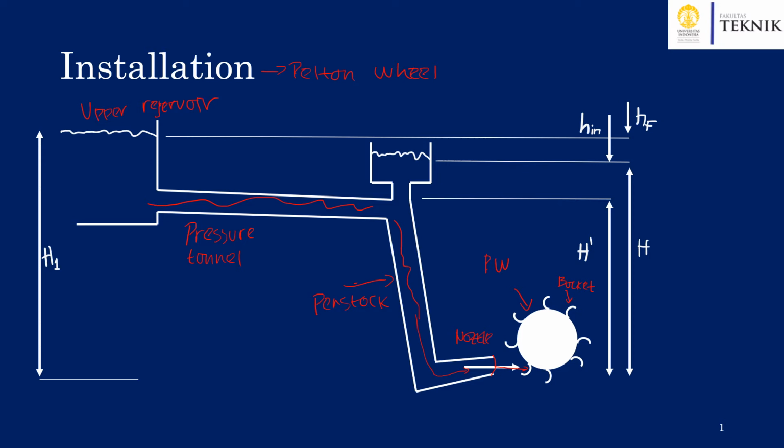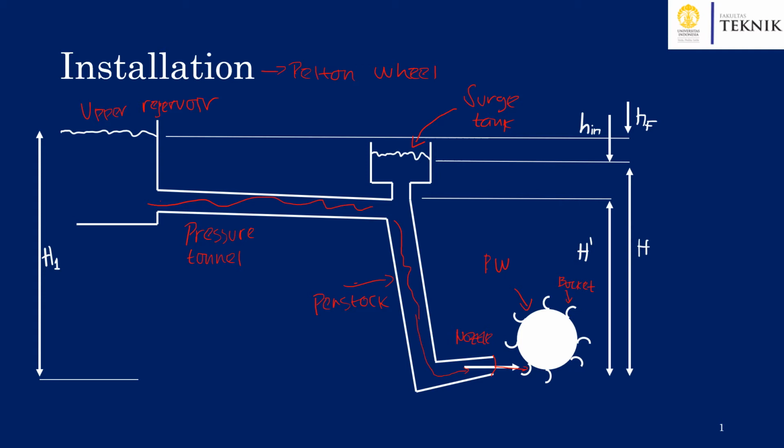And then one other thing that we need to know is this small reservoir called the surge tank. The surge tank is basically to maintain the pressure distribution in the pipeline systems so that there will be no, let's say, shock wave or immediate rise in pressure inside the pipeline from the pressure tunnel to the penstock.